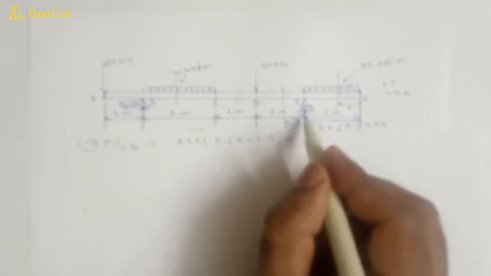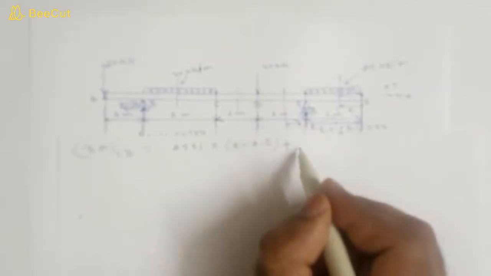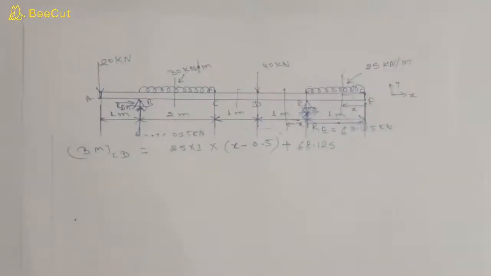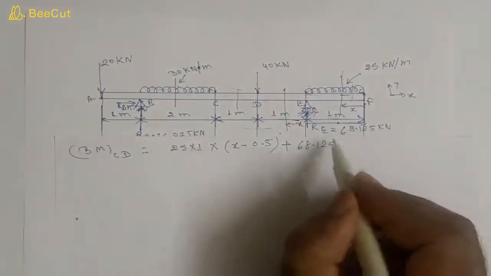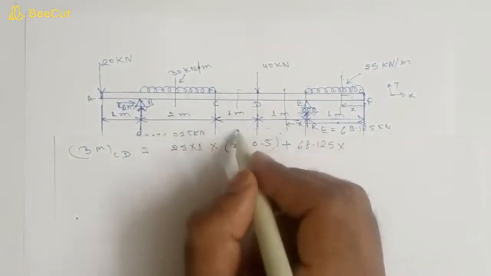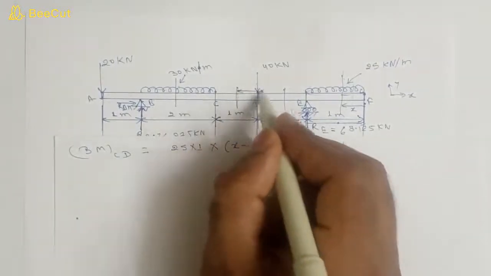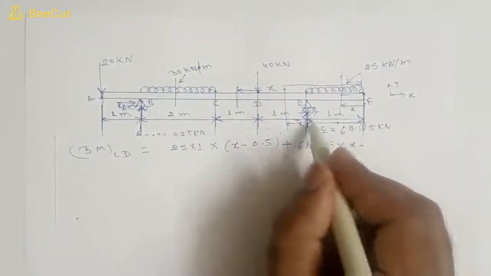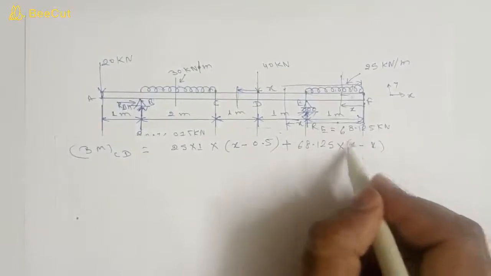Then plus RE, which is 68.125, into this distance, which is x minus 1.